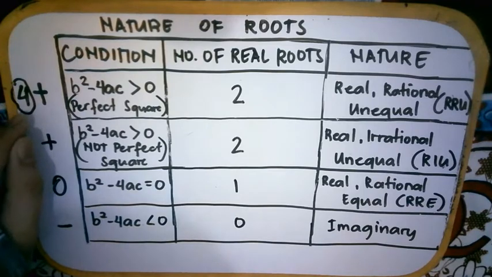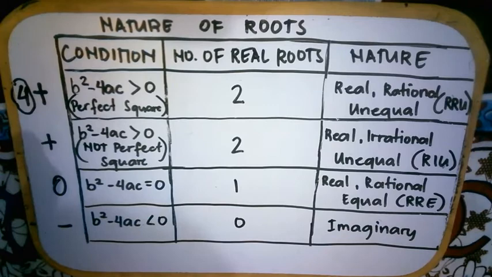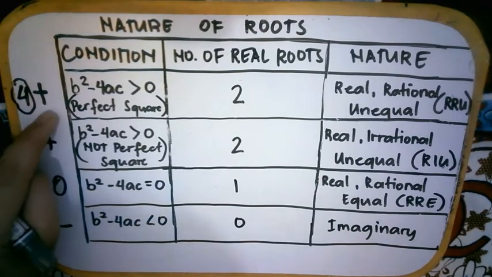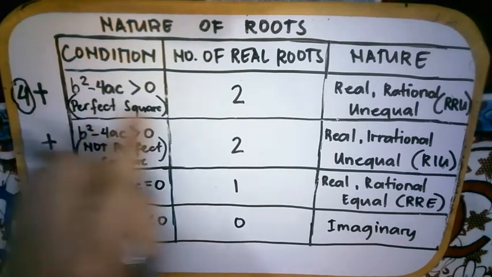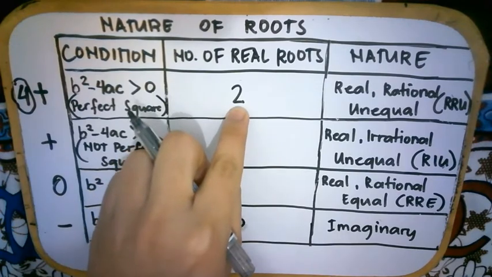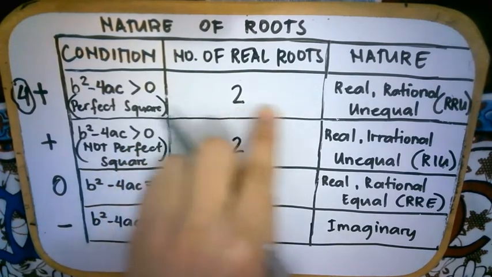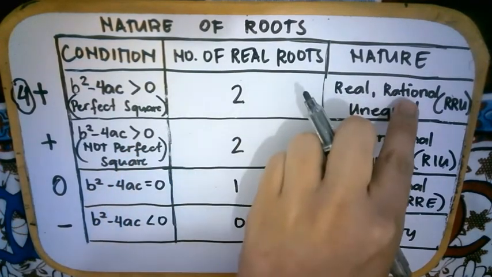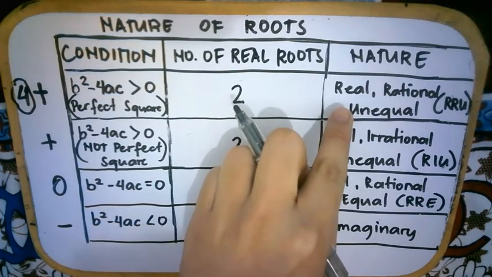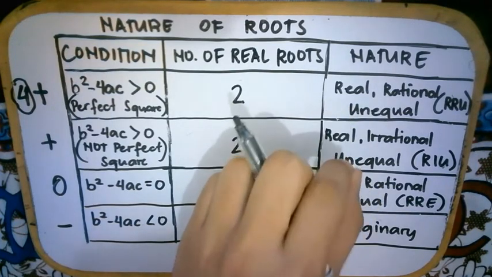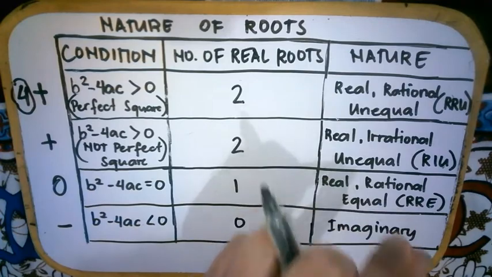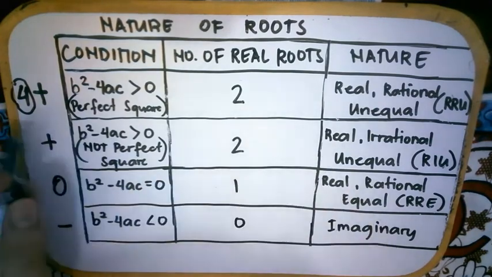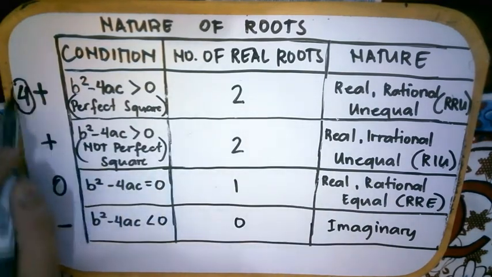Dahil 4, malalaman nyo na ito ay positive at the same time ay perfect square. So, kung positive at perfect square yan, ibig sabihin ang number of real roots niyan ay 2. And then, ang nature niyan ay real, rational, and unequal, or RRU. RRU is for real, rational, unequal.